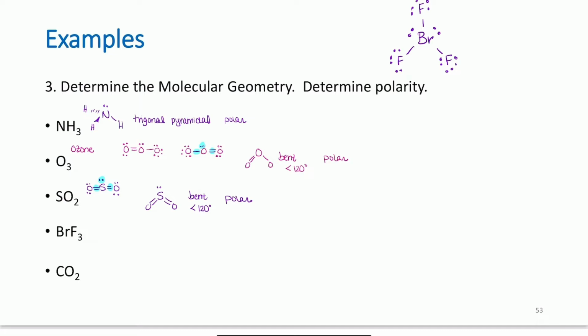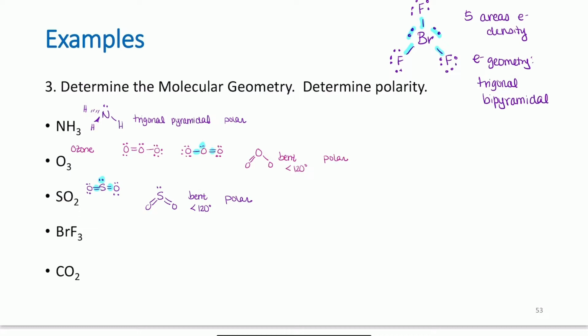So this is 1, 2, 3, 4, 5 areas of electron density, which means its electron geometry is called trigonal bipyramidal.